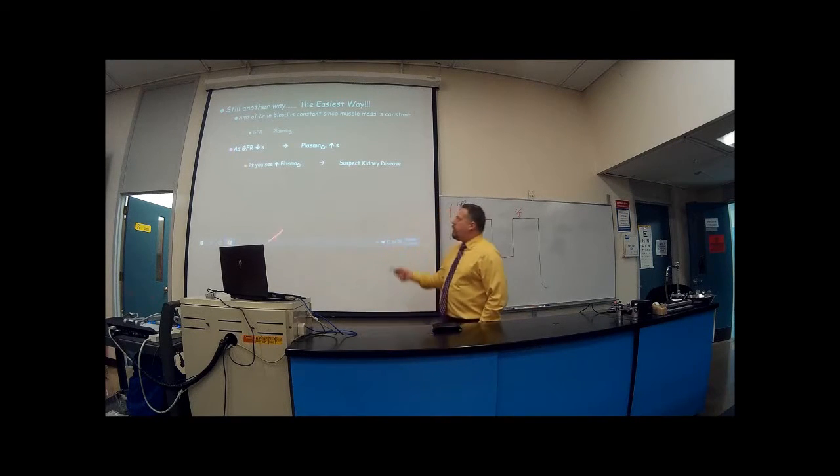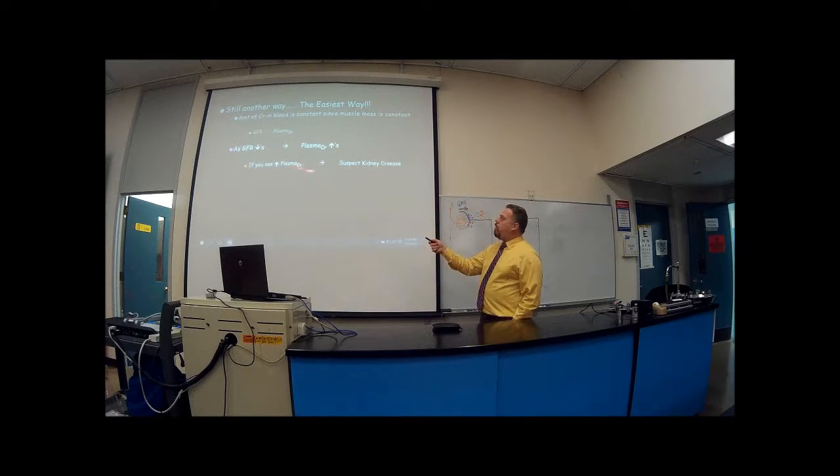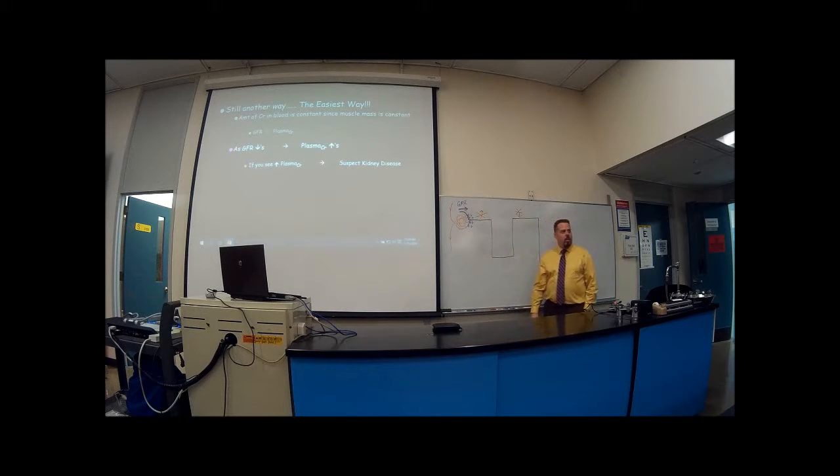Okay? So if you see an increase in creatinine in the blood, suspect some sort of kidney disease. If there's going to be more cars on the highway, expect that there was probably a motor vehicle accident. Right? It makes sense. And the rate will be very slow. There'll be less fluid getting into the nephron.